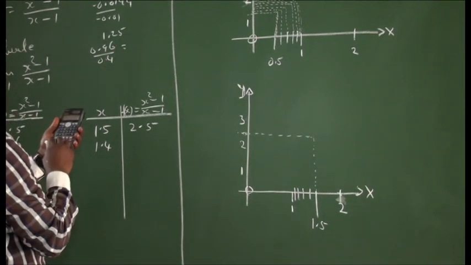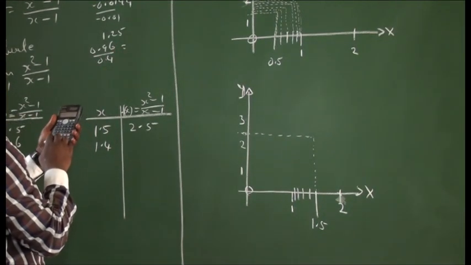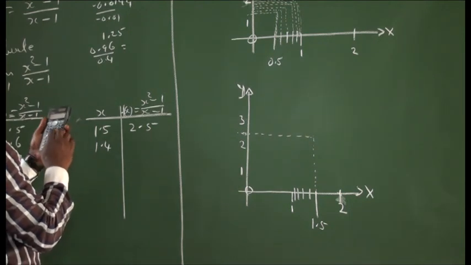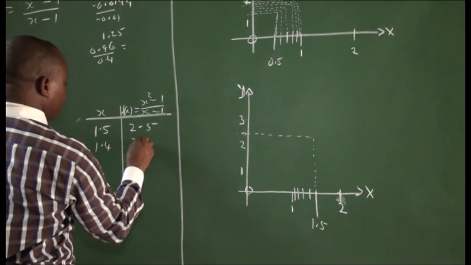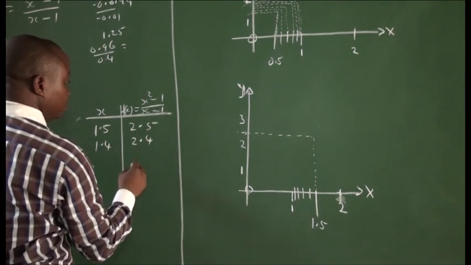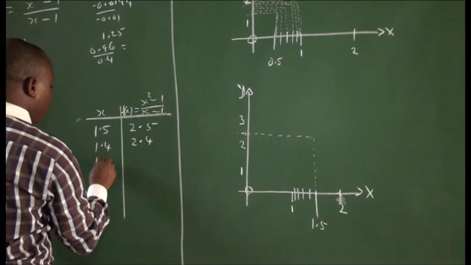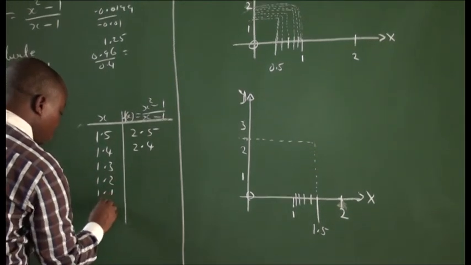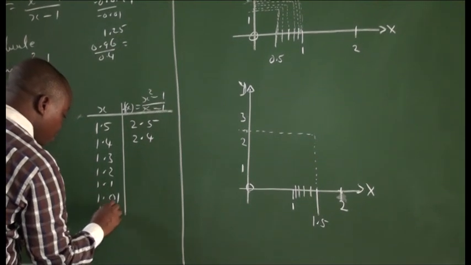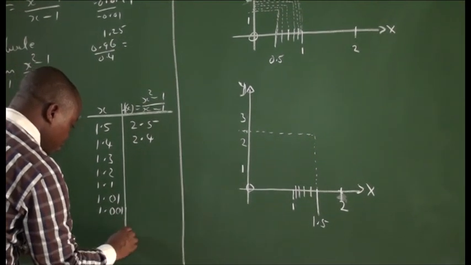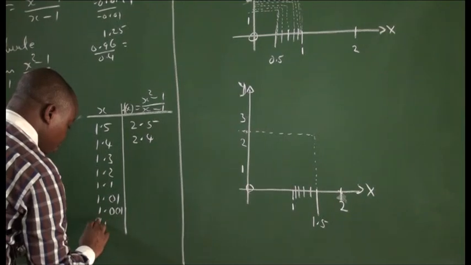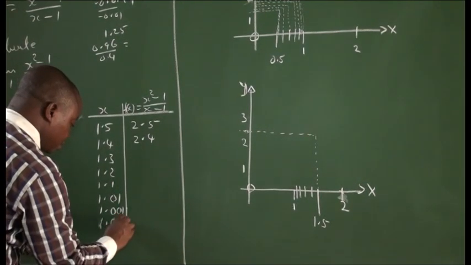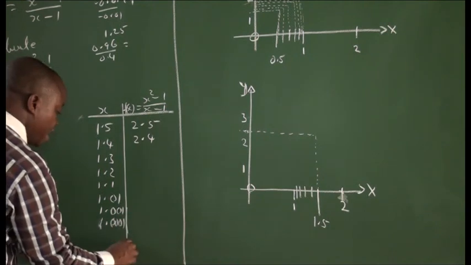Now 0.96 divided by 0.4 gives us 2.4. Okay. Now 1.3, 1.2, 1.1, 1.01, 1.001, then we have 1.0001. We are taking it very close to 1.